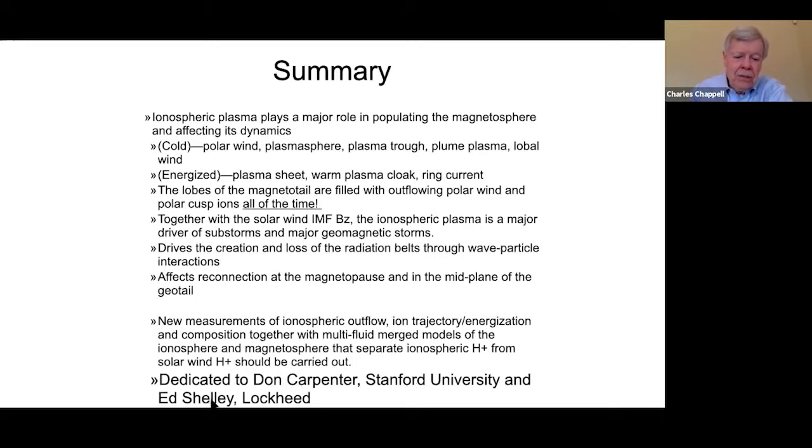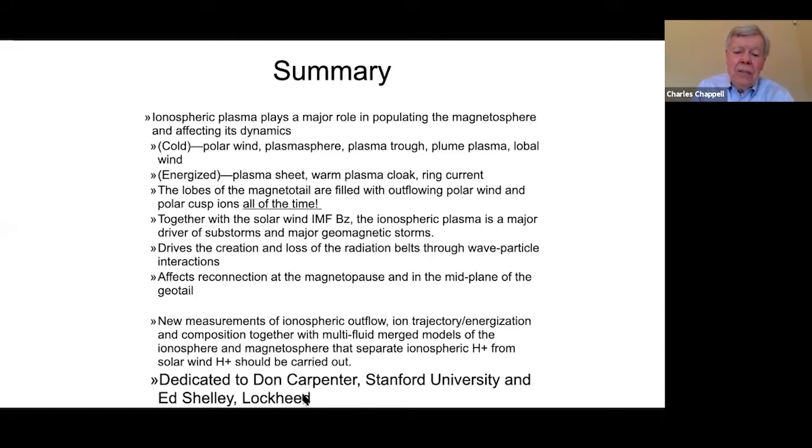And Ed Shelley, of course, whom I enjoyed very much working with, who showed us that you can see O plus in the magnetosphere that has keV energies. It obviously came from the ionosphere because there wasn't any other place for it to come from, and got energized.